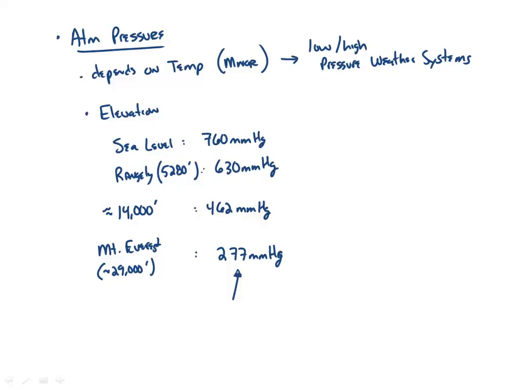Okay, so we've hopefully got a feel for atmospheric pressure. Now what we want to talk about is vapor pressure. This is the section of chapters where we're starting to talk about properties of solutions, and we'll talk about more properties of solutions in the next chapter.